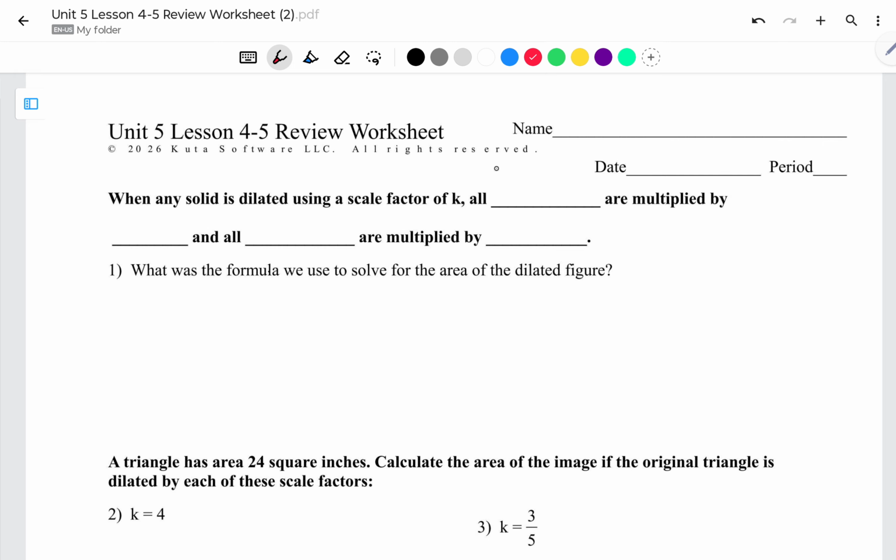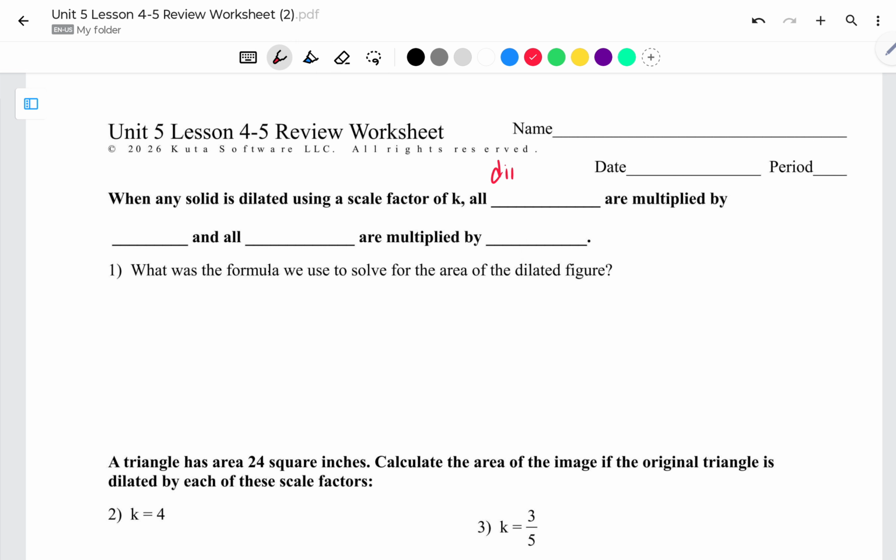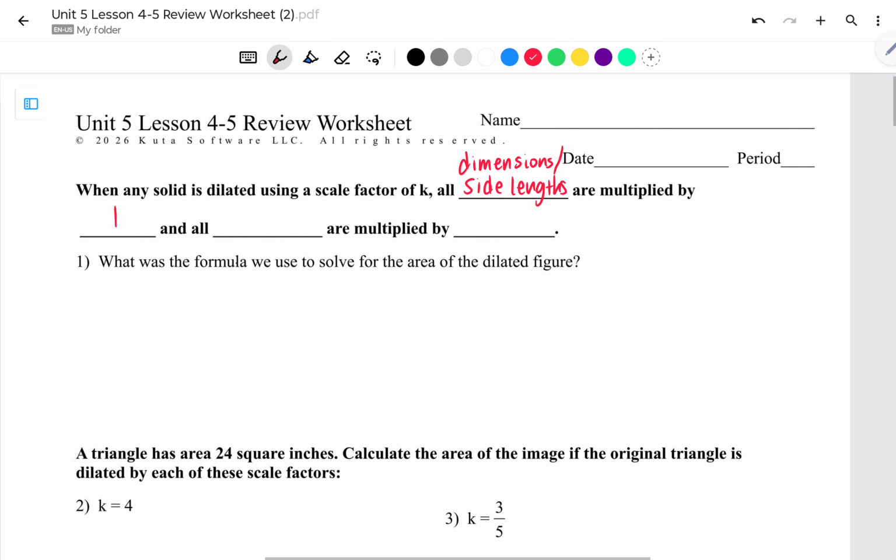Here I'm expecting you to know that all the dimensions, or side lengths, are multiplied by the scale factor k, and all of the areas are multiplied by k squared. Because area is two-dimensional, you have to multiply by k two times.